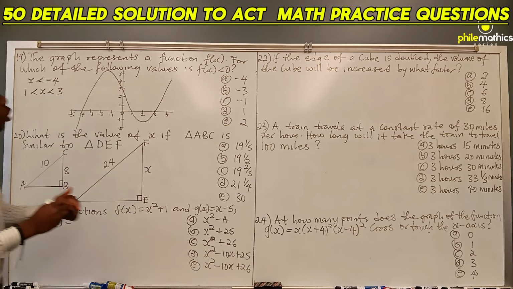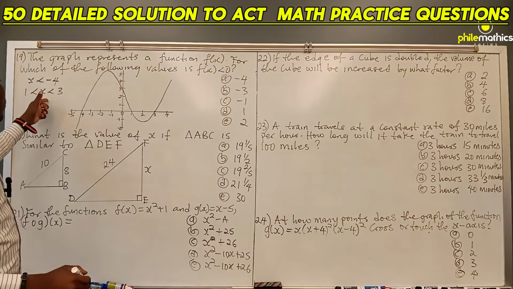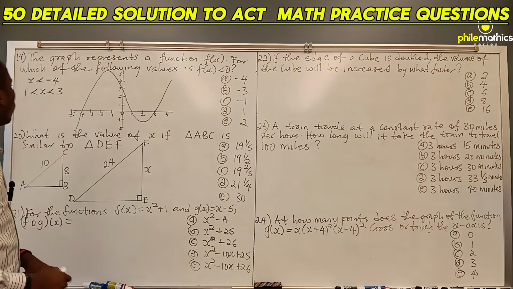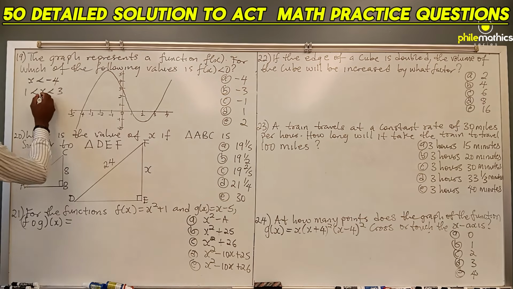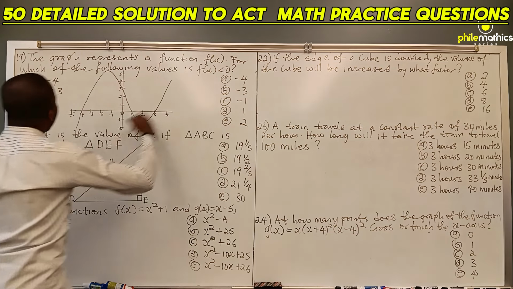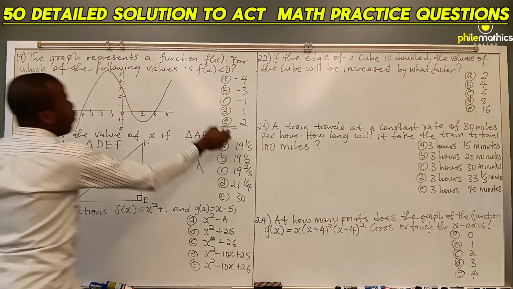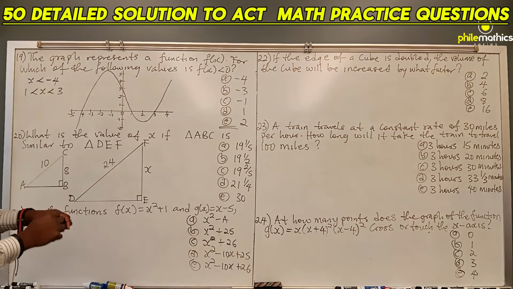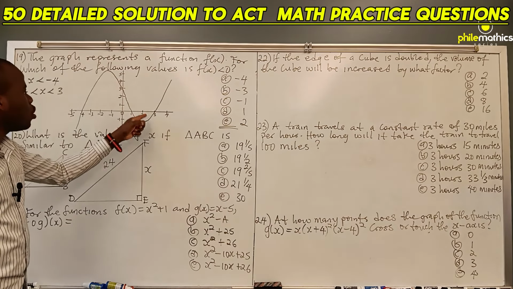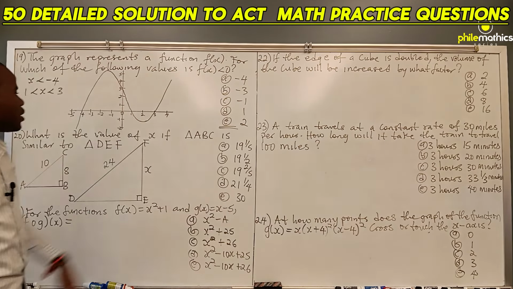So from these options, the only one that fits is 2, because 2 is between 1 and 3. This is less than minus 4. It's not equal to 4. So the option that satisfies this is 2, because at 2, the graph is below the x-axis.